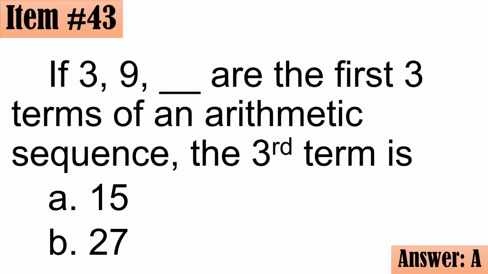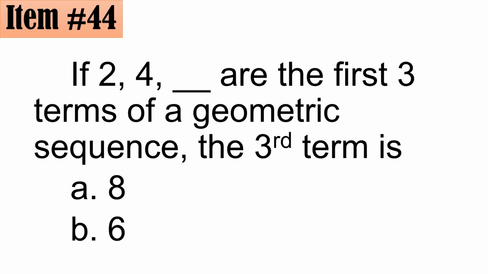44. If 2, 4, blank are the first three terms of a geometric sequence, the third term is it 8 or is it 6? Okay. So, letter A ang sagot ng madlang people. Tama nga kaya ang A. Kung A po yung sagot nyo, you are actually correct.